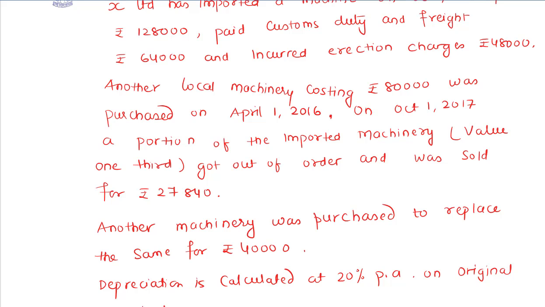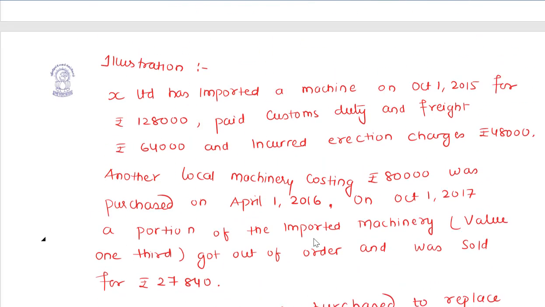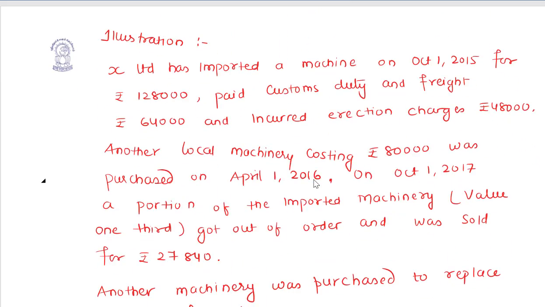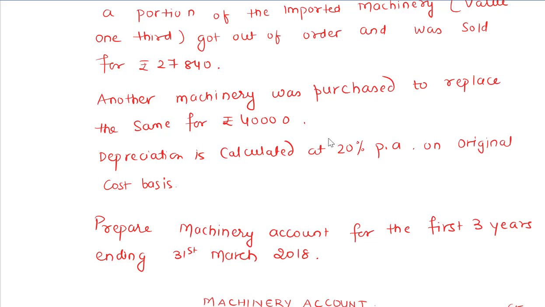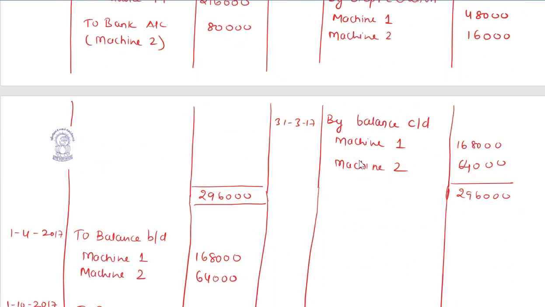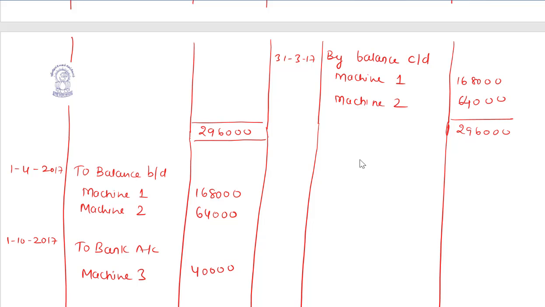Now the rate of depreciation on this machinery is 20%. So just do it on your calculator once again. 2,40,000 multiplied by 1 by 3 is 80,000, multiplied by 20% depreciation, so it is 16,000.